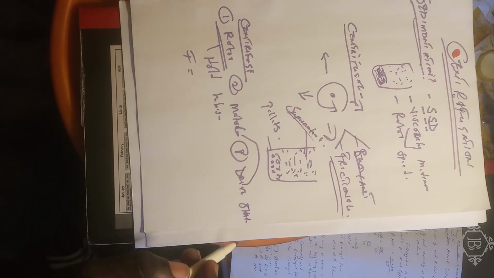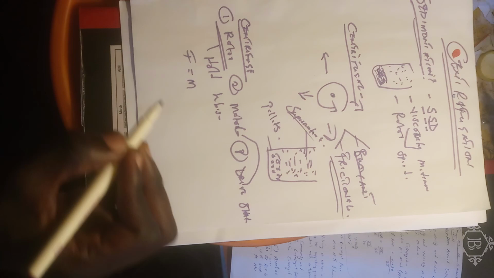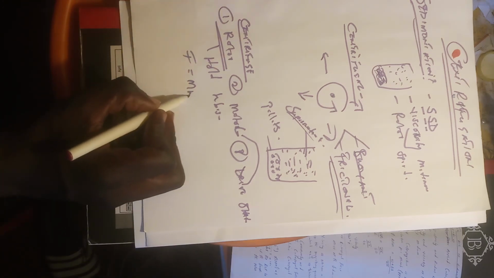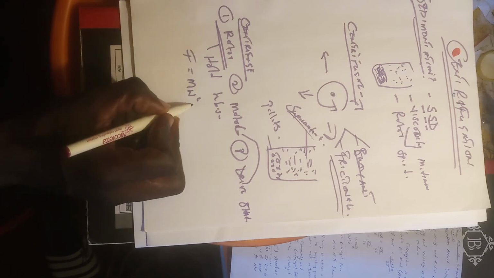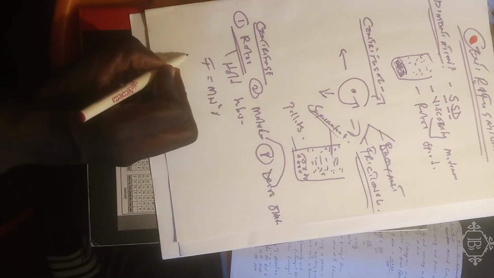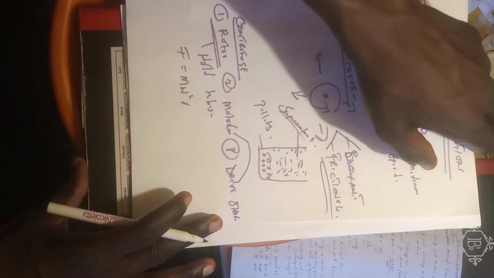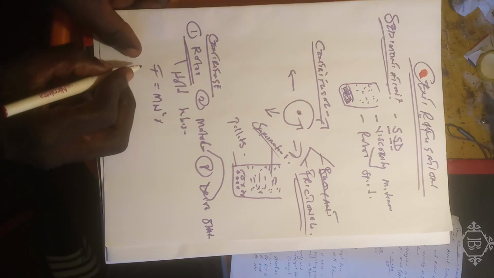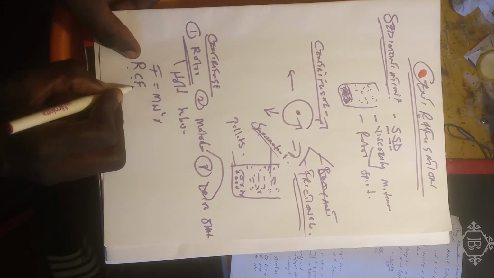So we can look at centrifugal force. The centrifugal field has the formula m omega squared r, and in biomedical science the centrifugal force is mostly referred to as RCF, which is the relative centrifugal force.